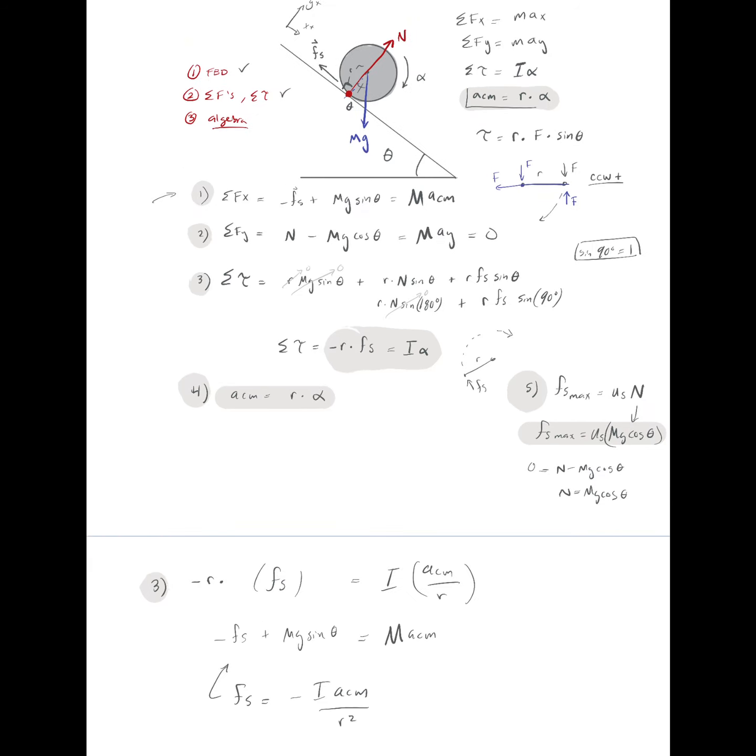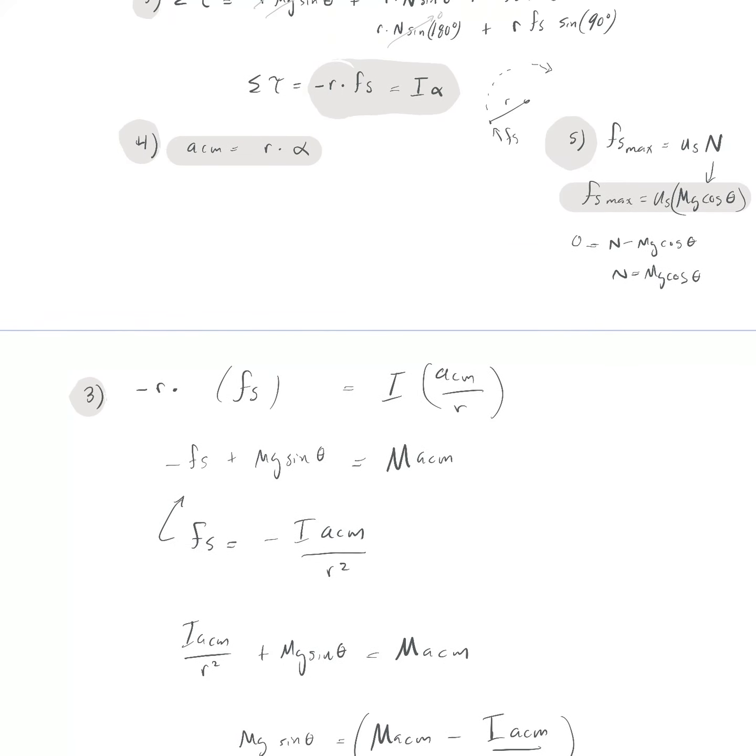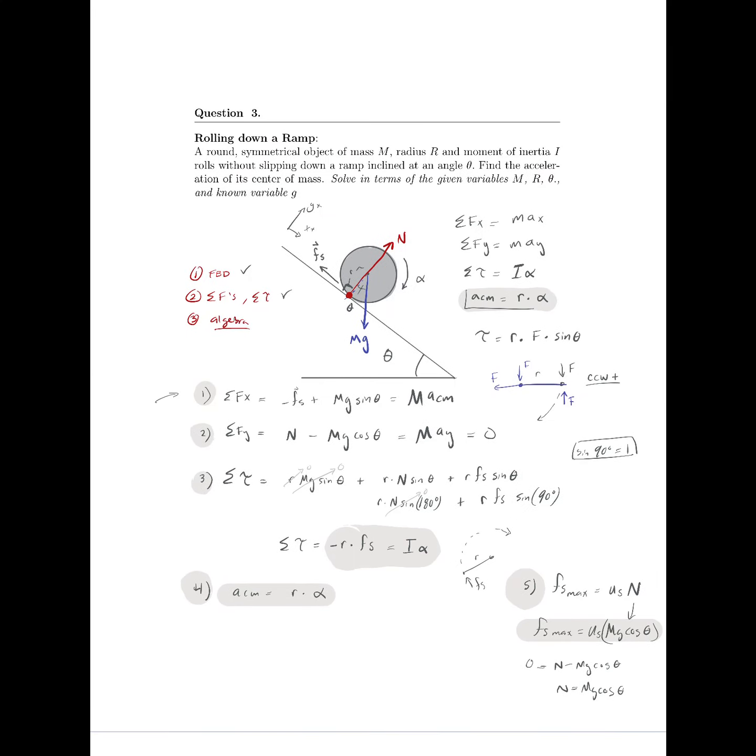To recap what we did for this problem: we were used to doing sum of forces in the x and y direction, but we introduced a new concept where we looked at the sum of torques for a rotating object. To do that we needed to look at the radius, the distance the force was away from the center, and the angle.